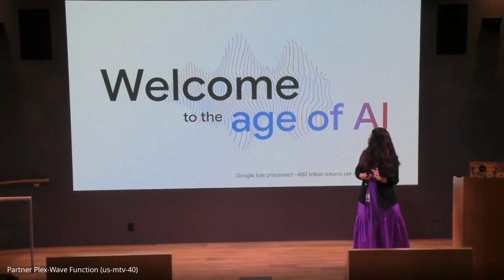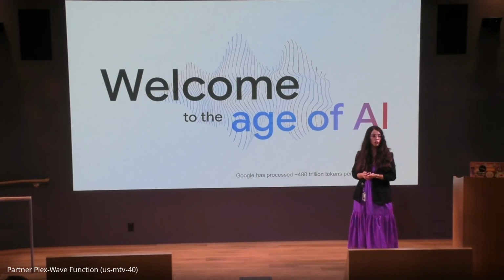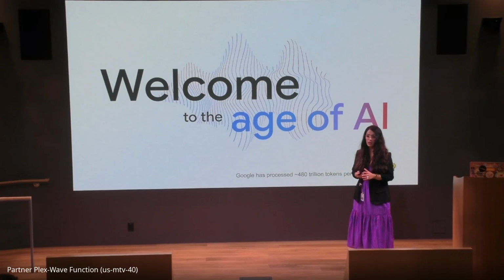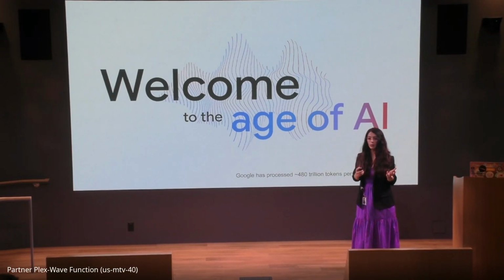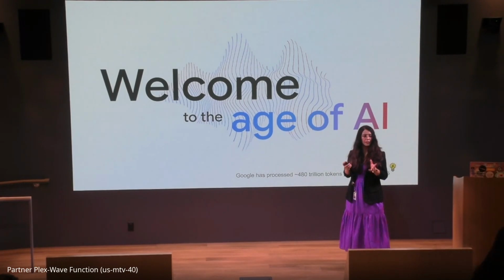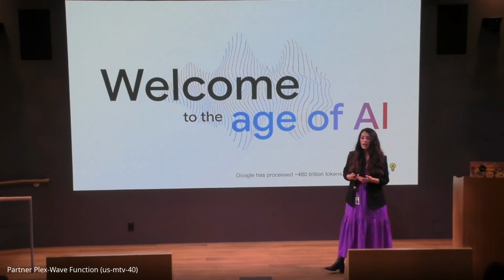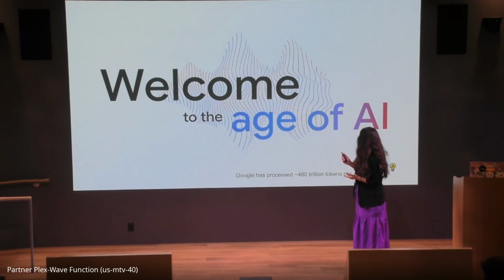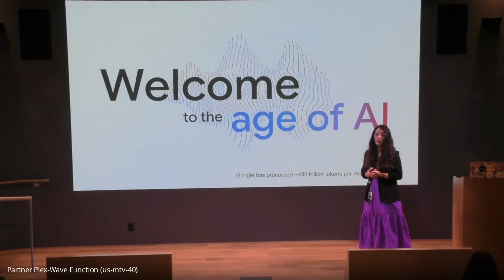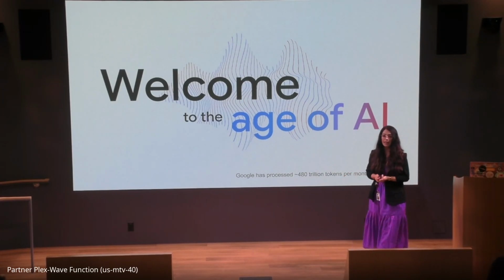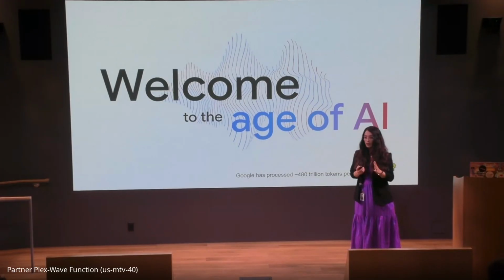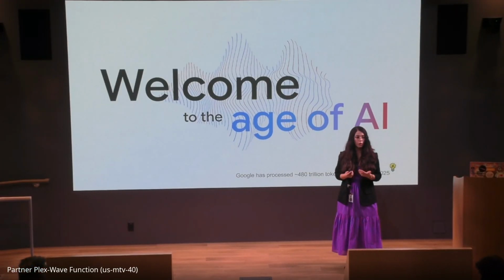From the business perspective, this is really also reshaping how businesses and companies are working, because all of the AI integrations are making all the processes different as well. And I just wanted to share a sense of the rapid scale that Google is working on AI. Just in May 2025, Google processed around 480 trillion tokens per month.